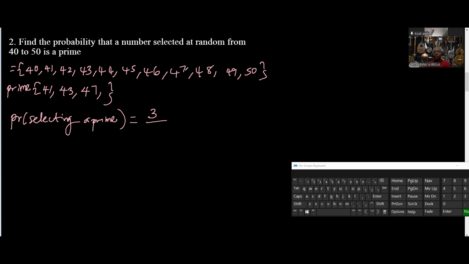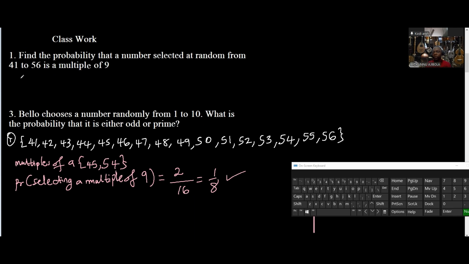How many entries are there? This should be 11. 1, 2, 3, 4, 5, 6, 7, 8, 9, 10, 11. Okay. So let's now look at the third question, and after then, you will write them down.